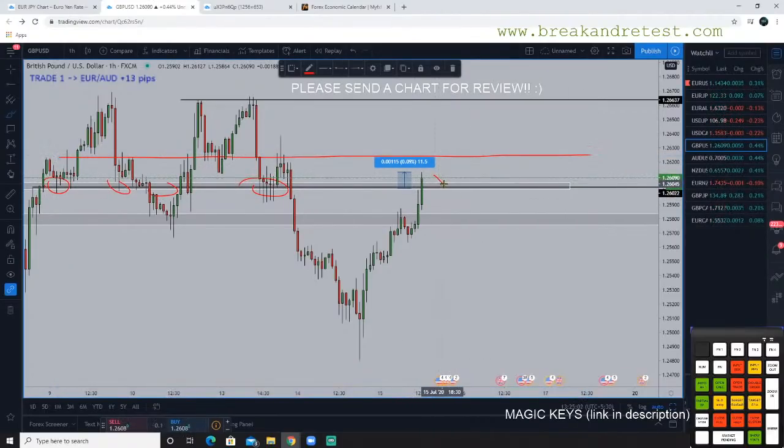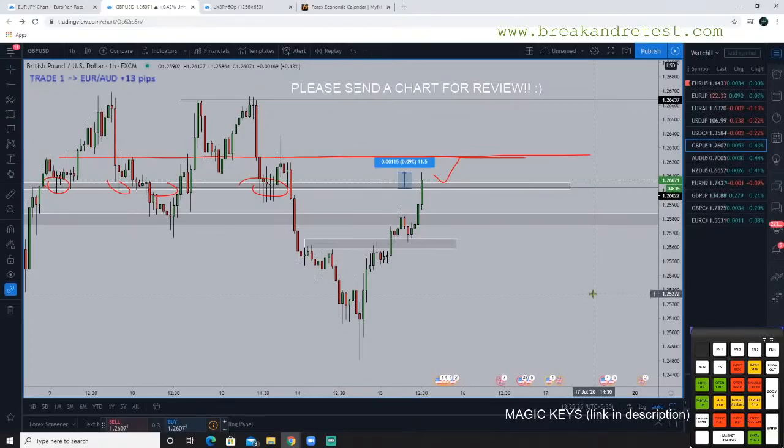If we do get a break or retest, the next target should be this. Yeah, we'll see. GU gave a good retest here though. It gives retests. Sometimes maybe not, but most of the time.